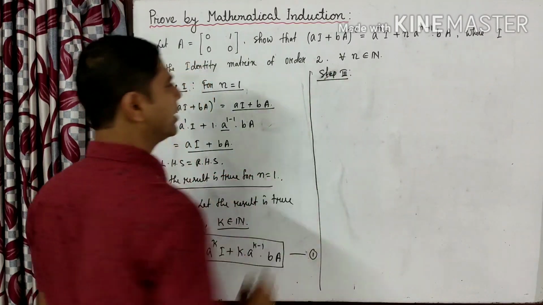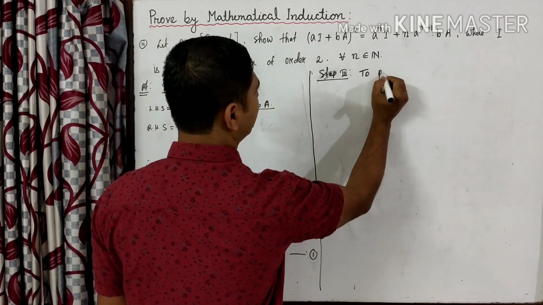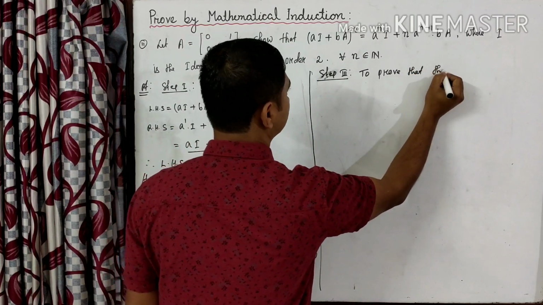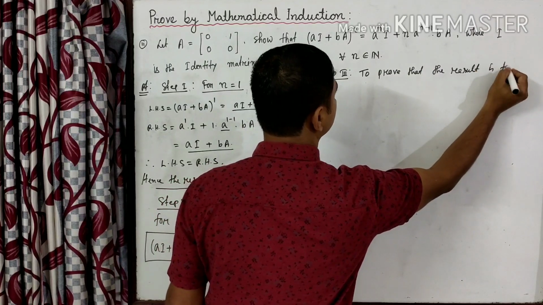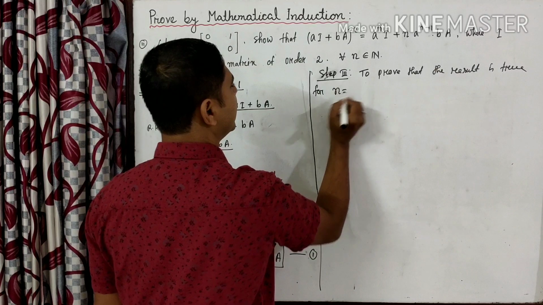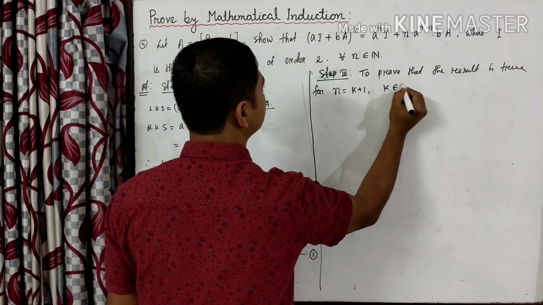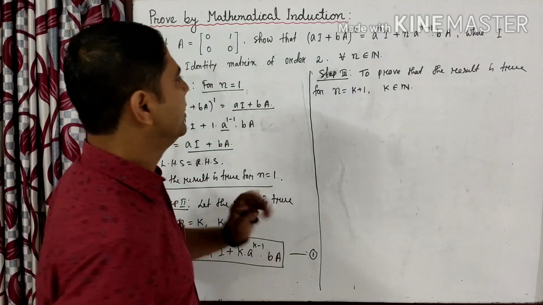To prove that the result is true for n equal to k plus 1, where k belongs to all the natural numbers.